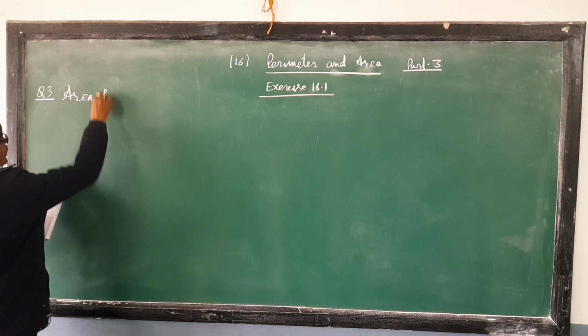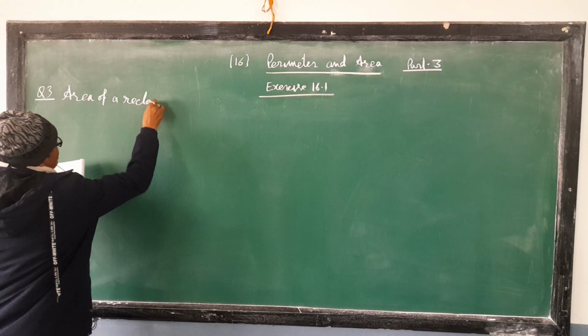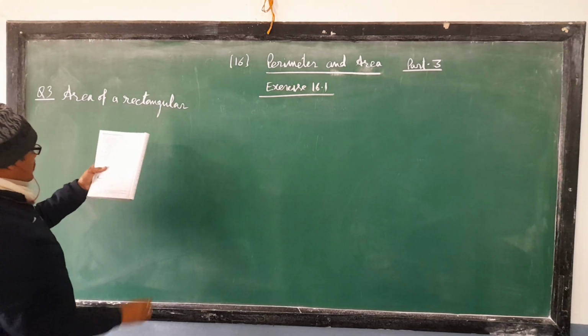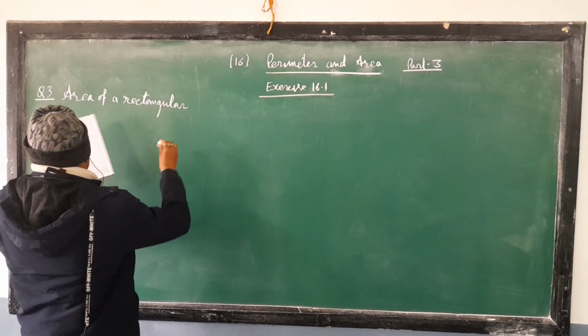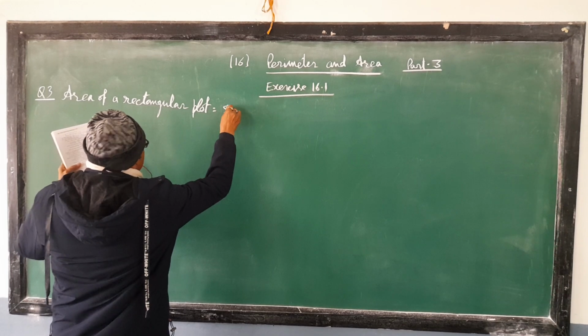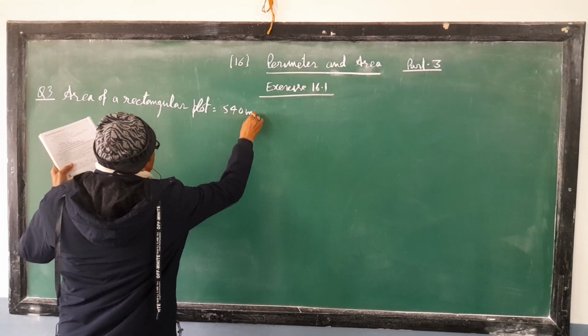Area of a rectangular plot is equal to 540 meter square.